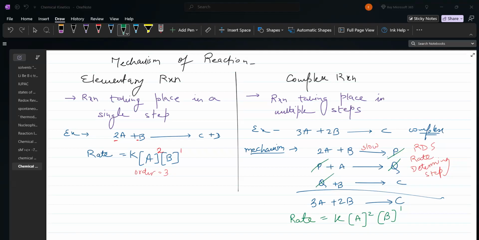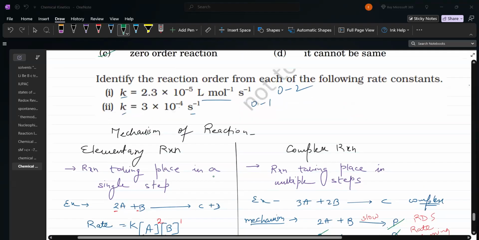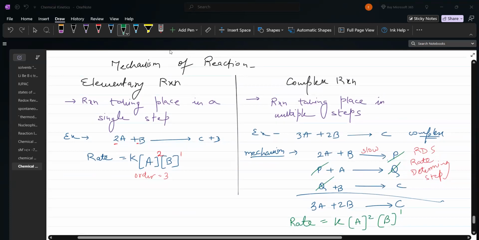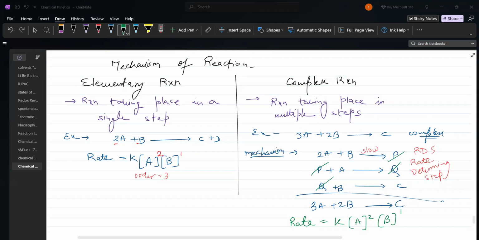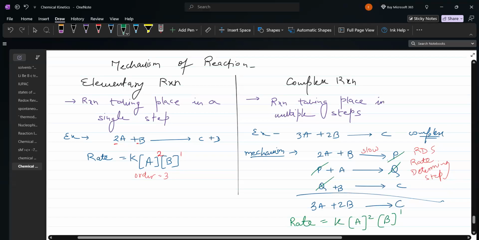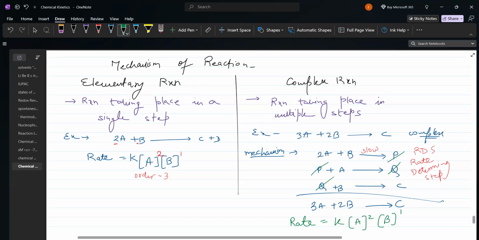So, please note it down. Since the first step is the slow step, that is why it is known as the rate determining step.